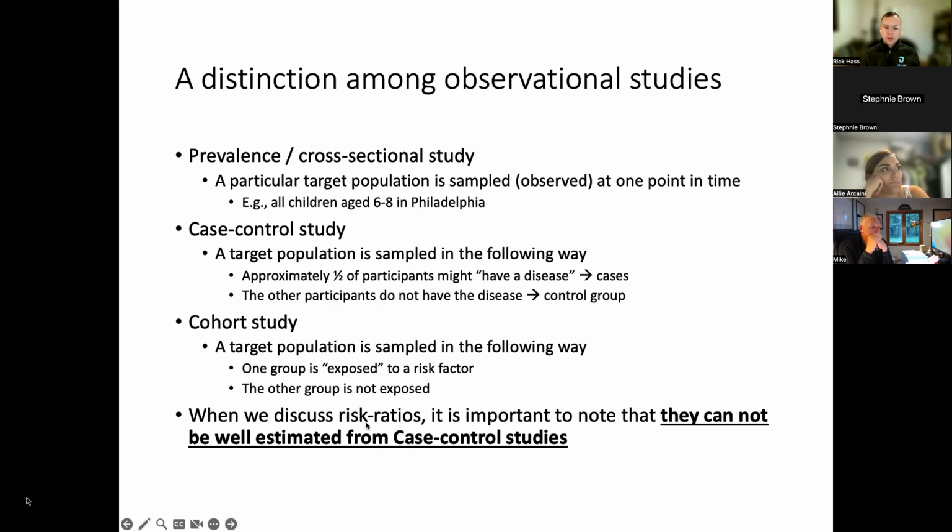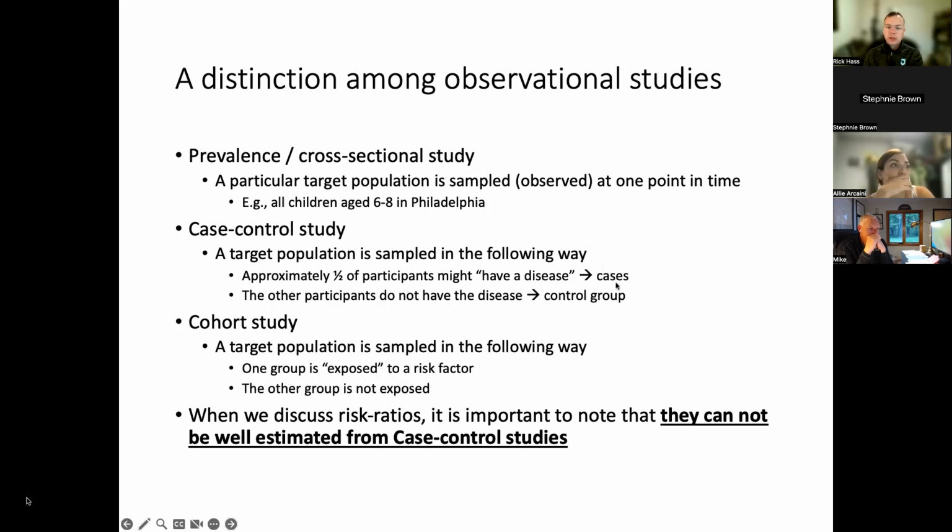So this is important because, when using risk ratios, we have to be careful with the case control design. The optimal case control design is to have a decent balance of cases and controls. We don't have to have that in a cohort study. We can have a small number of people that are exposed and a ton of people not exposed.